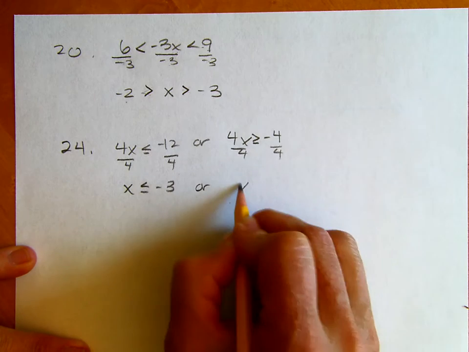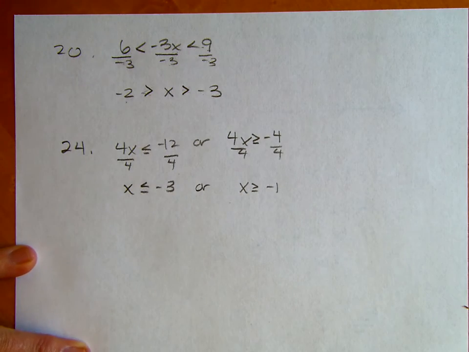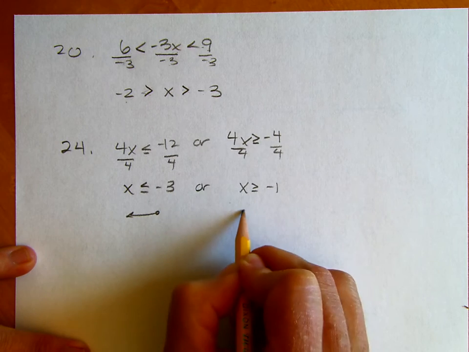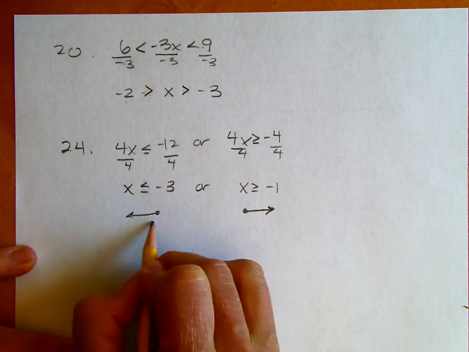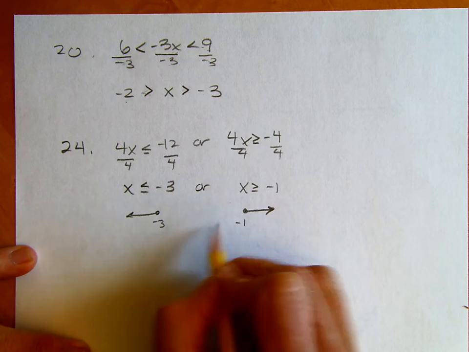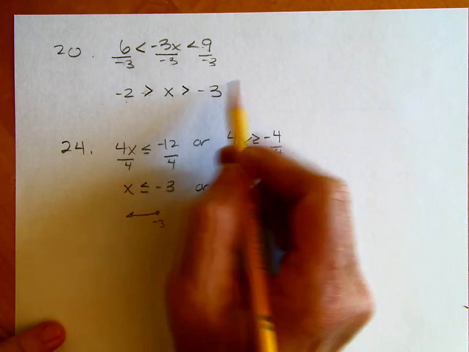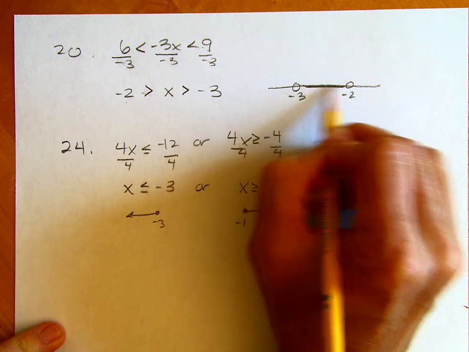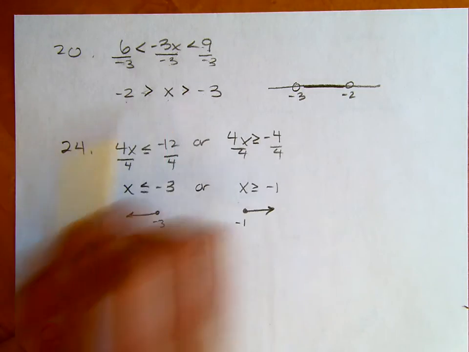If I divide by 4, I get x is greater than or equal to -1. And again, I'm down here at -3, or I'm above -1. There is no overlap, so the or makes sense. In this case, I'm between -3 and -2. That makes sense. I'm between.